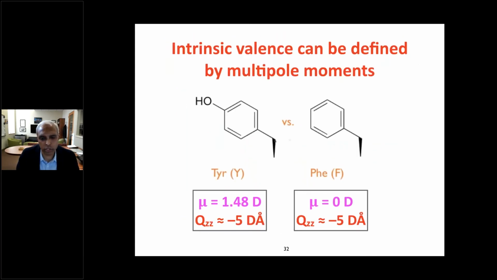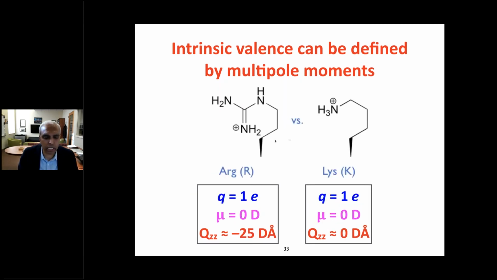So this also led to some interesting thought experiments, which is that one can compare measured multipole moments of, let's say, tyrosine to phenylalanine, and one of the things that jumps out, of course, is that the in-plane hydroxyl gives the tyrosine a substantial dipole moment, whereas phenylalanine has a negligible dipole moment. Similarly, the electronic structure of the guanidino group gives the planar guanidino moiety a substantial quadrupole moment, whereas the amines, the other cations, namely those from lysine, will have essentially just a monopole moment, maybe a negligible dipole moment, but certainly no quadrupole moment of significance.